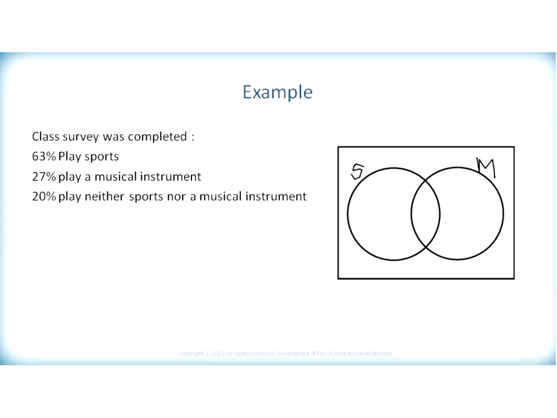If we look at 100% of the people surveyed, there's 100%. 20% do not play sports or an instrument. So if we subtract the 20%, that will give us 80%. So the union of S and M would be 80%.